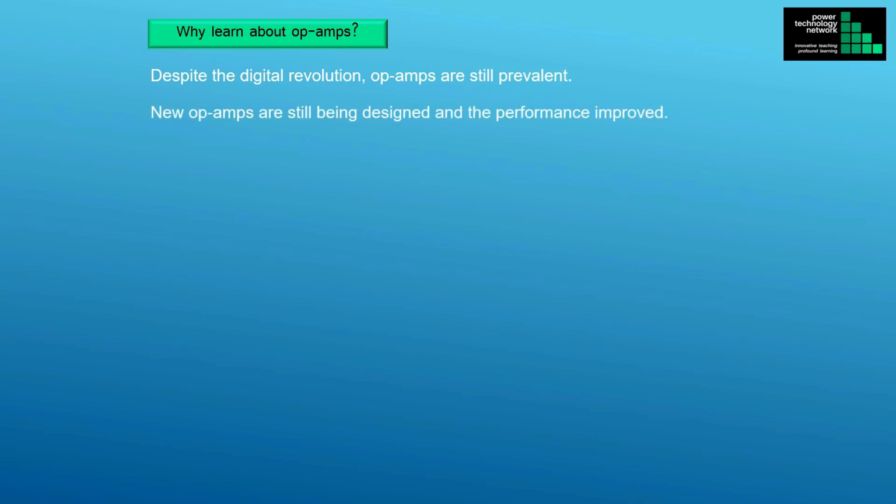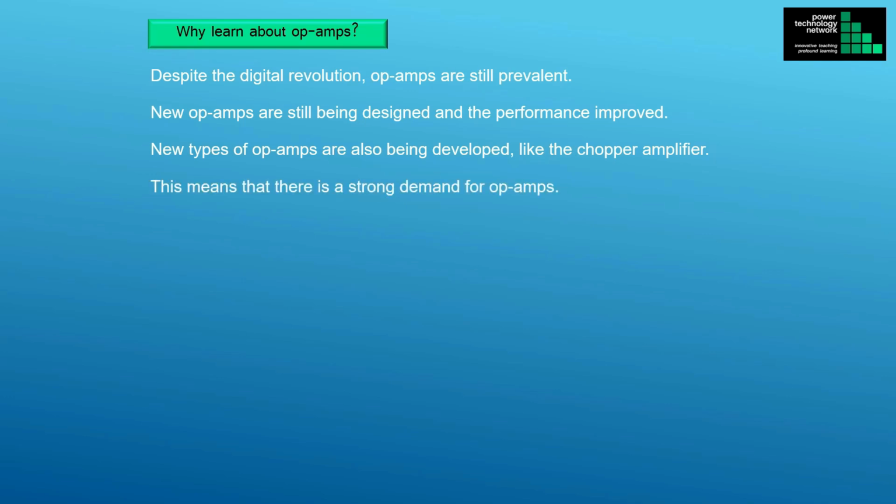New op-amps, with better performance, are still being designed and the performance is continually improved. New types of op-amps are also being developed, like the chopper amplifier. This means that there are still companies willing to invest into op-amp technology, and that only happens if there is a strong demand for them.